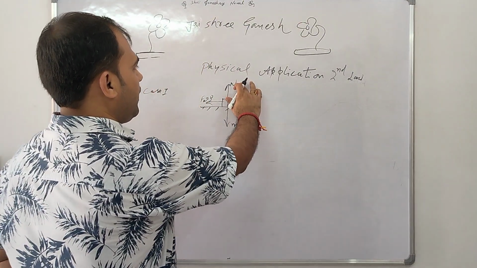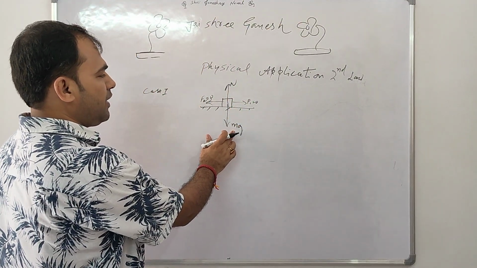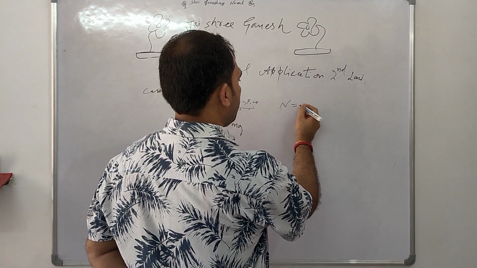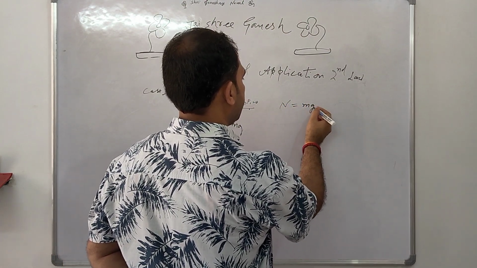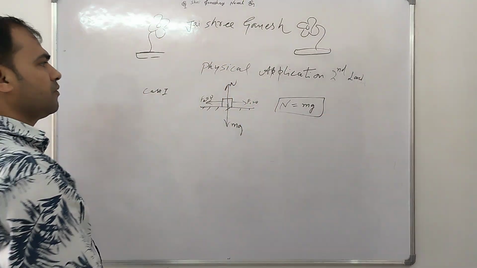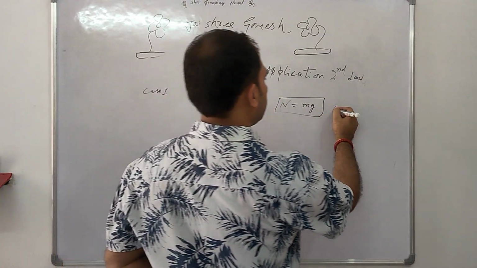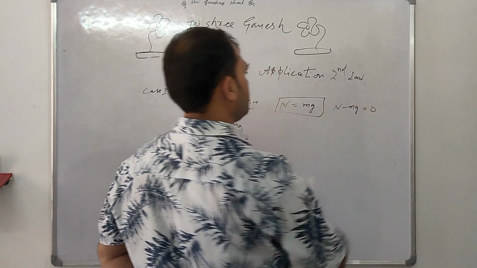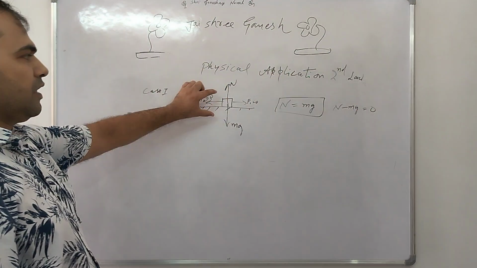So N will be balanced by mg. Here N will be equal to mg, as N minus mg is equal to 0. State of rest.